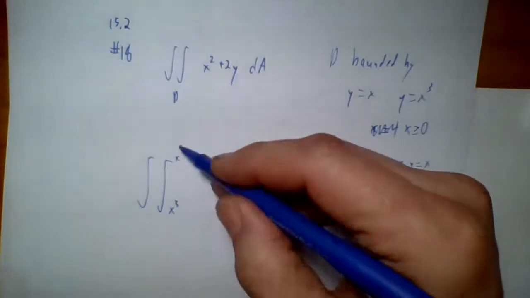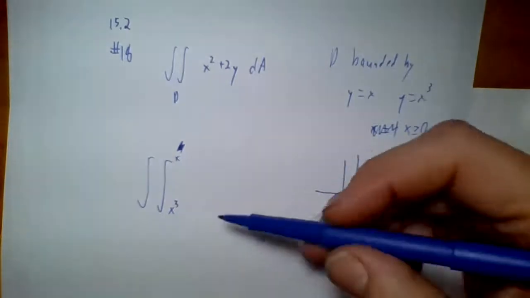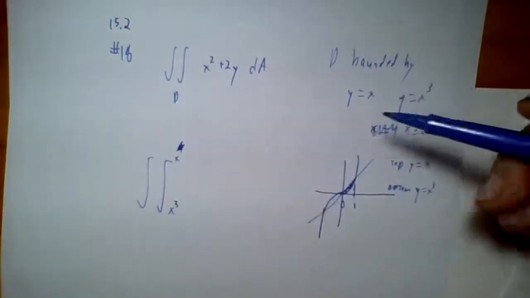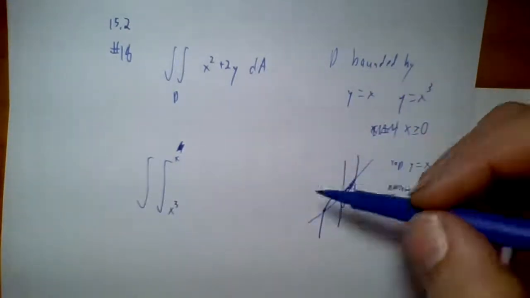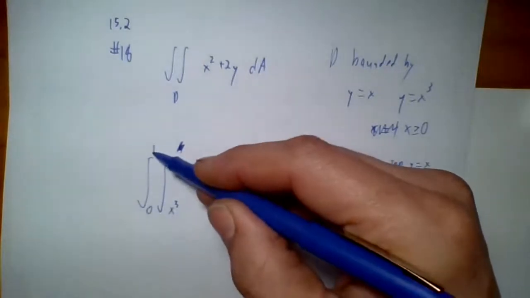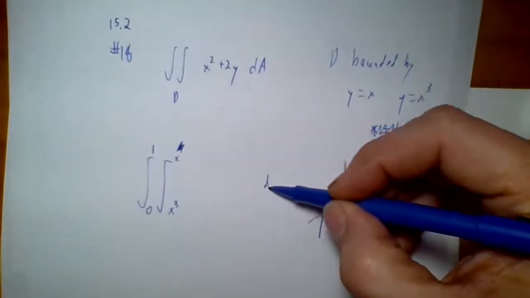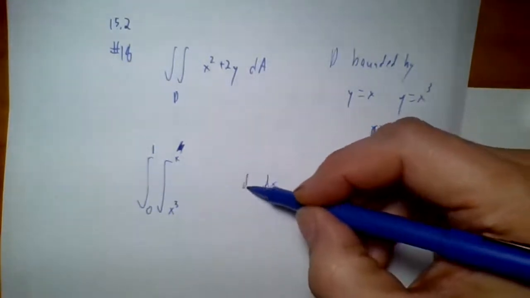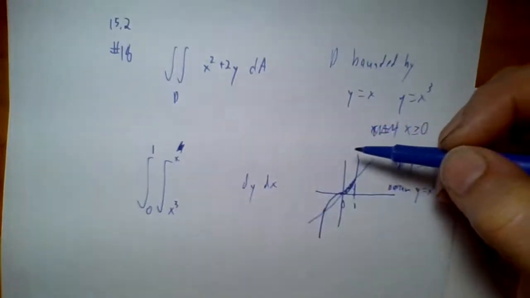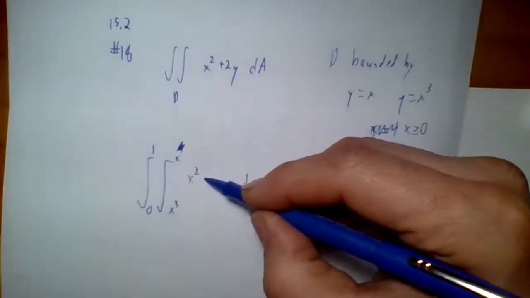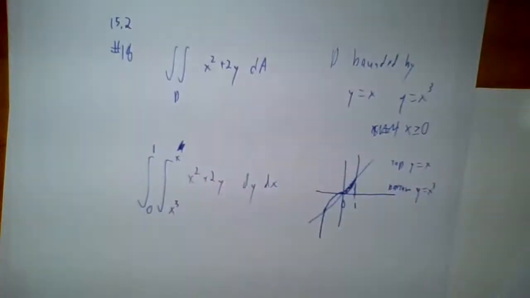I put those in wrong. From the bottom to the top. And the x values are still going to be numbers out here. That means this is my integral dx, and the inside one is my integral dy. So it's got to be that way around. And the function, again, we're dealing with a pretty easy function to do antiderivatives of. But the setup is the hard work on it.